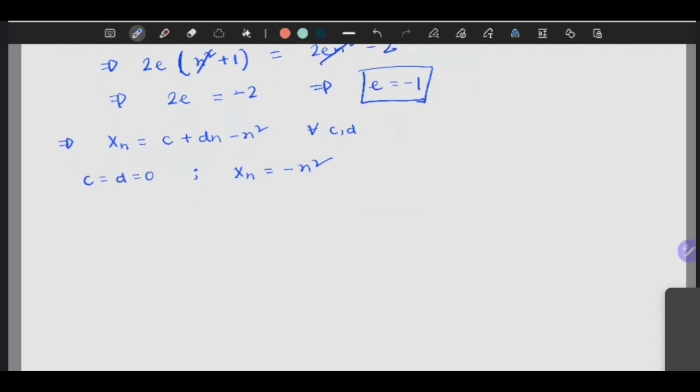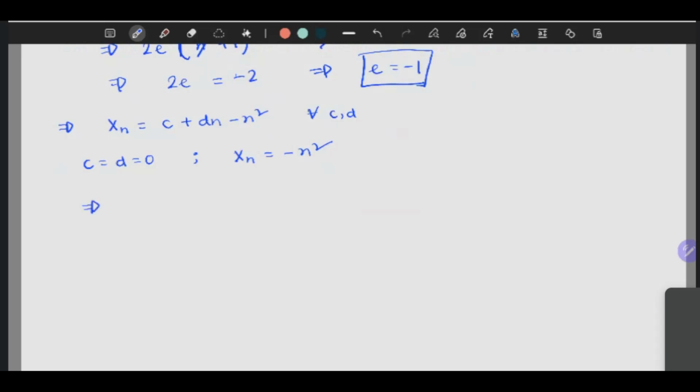So adding these terms, we can also get a plus bn minus n squared. So this is a particular solution, and this is the homogeneous solution that we calculated just a few minutes back. Then we can get this.